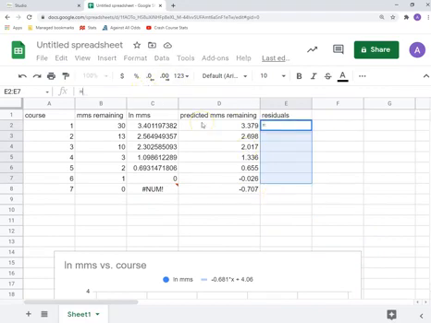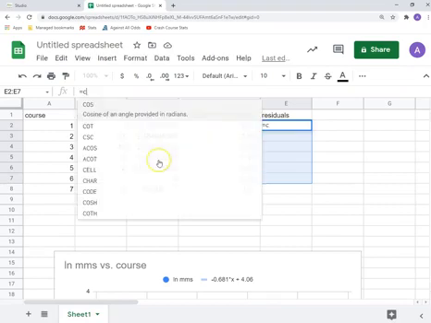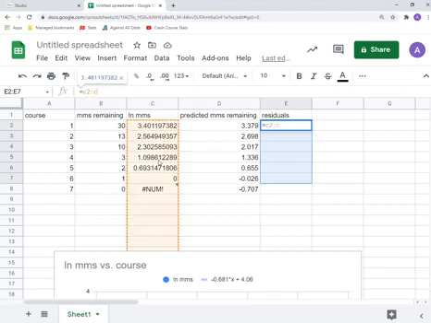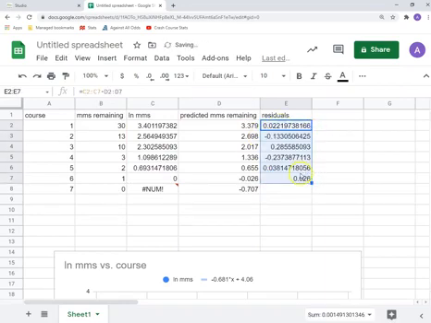So this is equal to my natural log of M&Ms, so C2 to C7, minus D2 to D7. Enter, and then we're going to fill in. So there are our residuals.